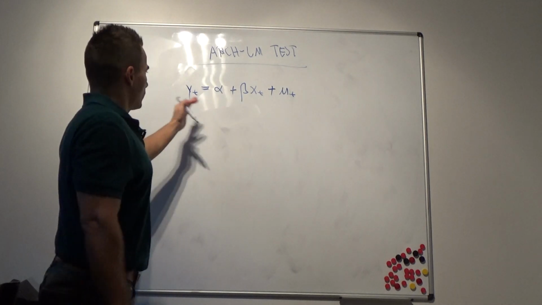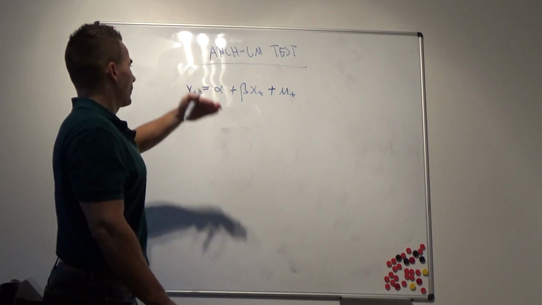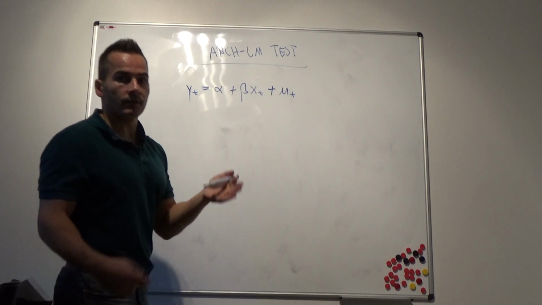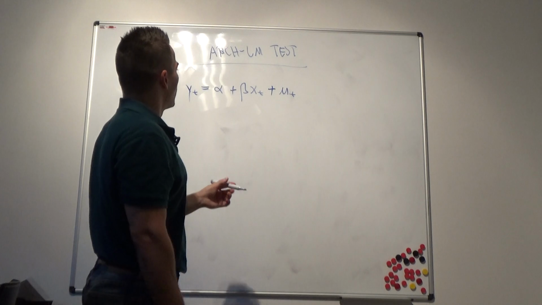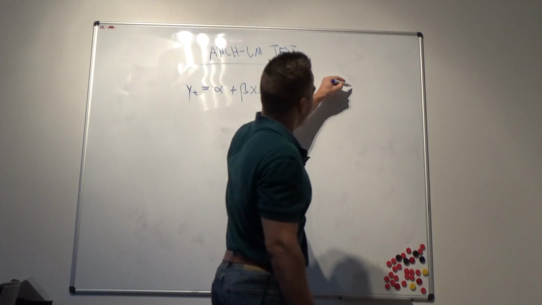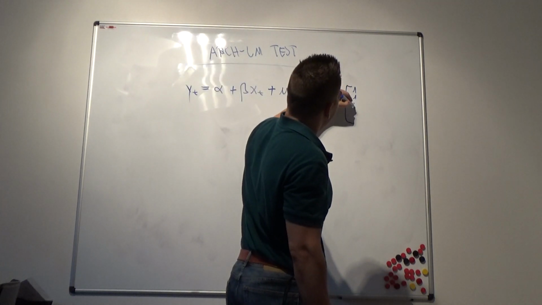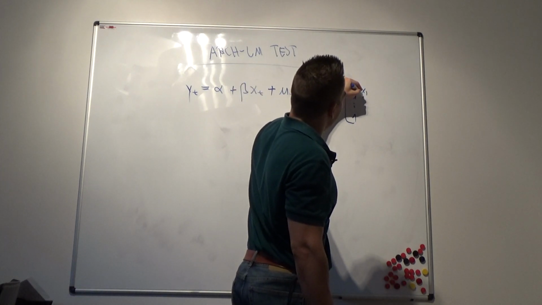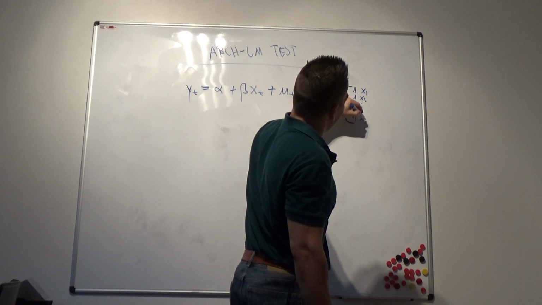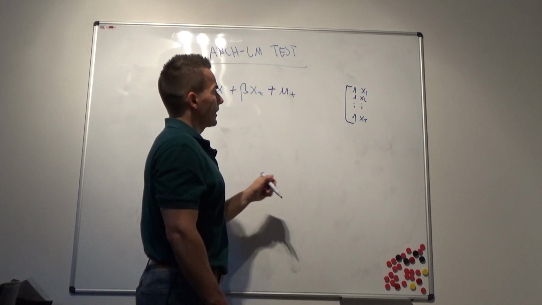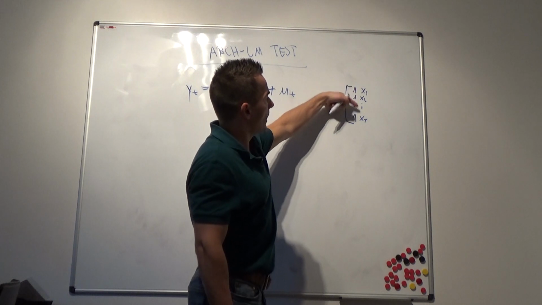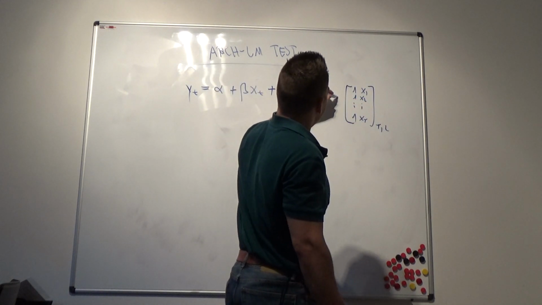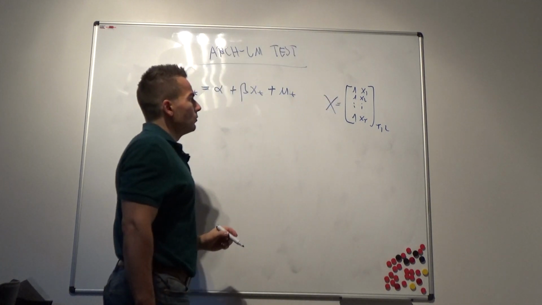So how would we estimate this model? We would estimate this model via OLS, simply, as we have already discussed. We know how this works. Our X matrix in this case has ones in the first column. The second column are the corresponding elements of our market factor from time t is 1 until time t is capital T. So in this case, our X matrix would be a T by 2 matrix.